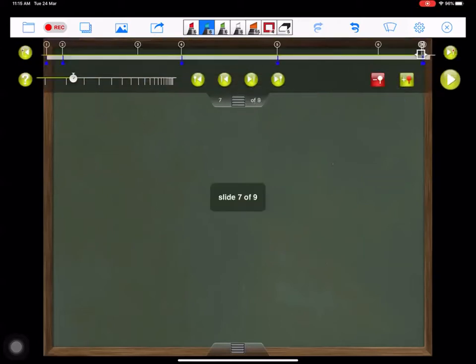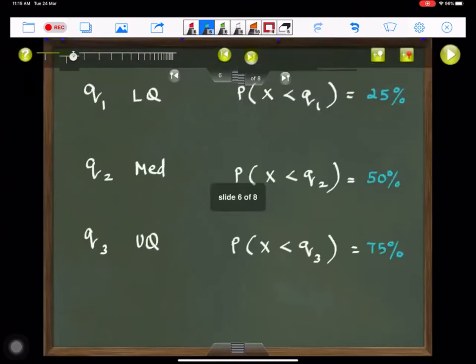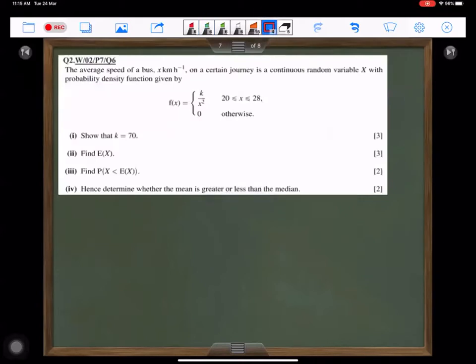Now, what exactly is the examiner asking? The examiner is asking, hence determine whether the mean is greater than or lesser than median. Now, over here, you are not supposed to calculate the median. You want to, if you can. Of course, I can.